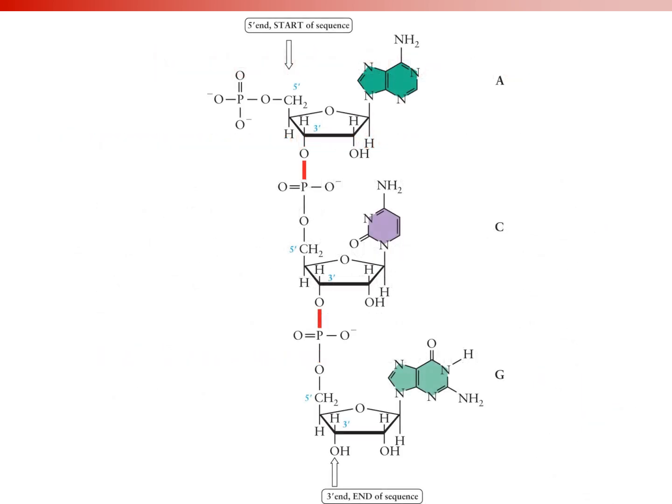And here's that picture enlarged so you can see what's going on one more time. Here we have adenine, and it has a sugar ring, 1, 2, 3, 4, 5, and off this 5th carbon is a phosphate group, but attached to its 3rd carbon is the next nucleotide in the series, which would be cytosine.